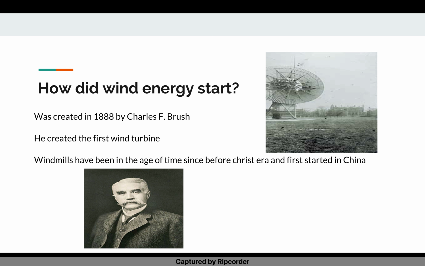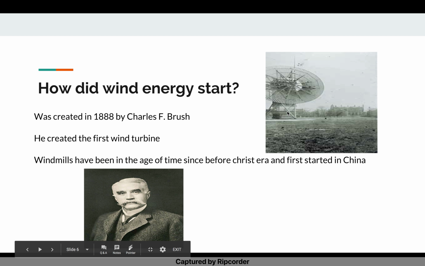Charles F. Bush was an entrepreneur and an engineer. He created the electrical grid as well and soon figured out how kinetic energy could power electricity. He created the first wind turbine, trying to get kinetic energy from the wind to power his electricity, and it worked. His invention worked, but he soon figured out it was too short and needed stronger rotors for more wind power.